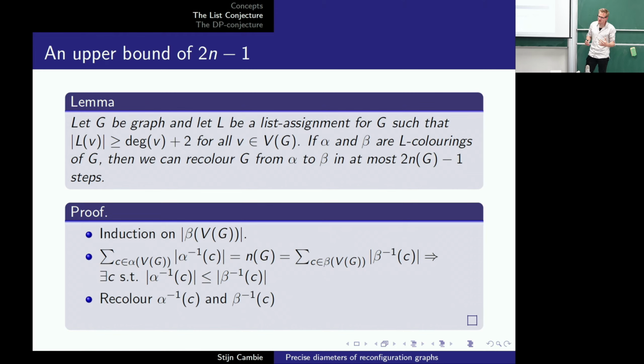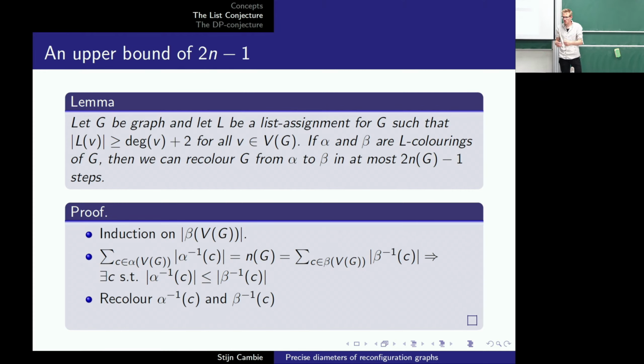Now, in that case, if you consider the number of vertices colored by 1 for alpha and beta, you do this for color 2, etc., for all colors, there is some color that appears at least as many times under beta as under alpha.